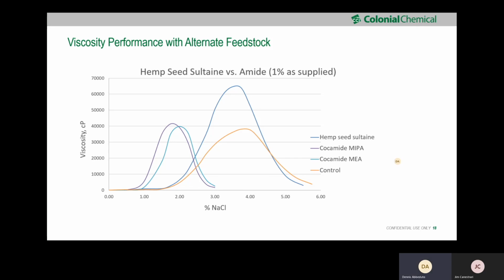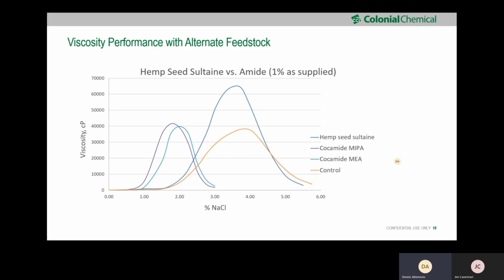In this case, we're looking at the hemp seed sultaine and how it's affecting viscosity performance. Because of the longer chain length associated with the hemp seed sultaine, we do know that it has a very strong viscosity response that's predicted. What we do see here, and want to point out in these graphs, is that it's well accepted that things like Cocomide MIPA or Cocomide MEA are viscosity boosters, but they typically don't improve viscosity a tremendous amount over the baseline.